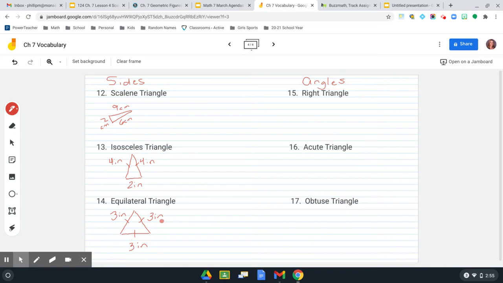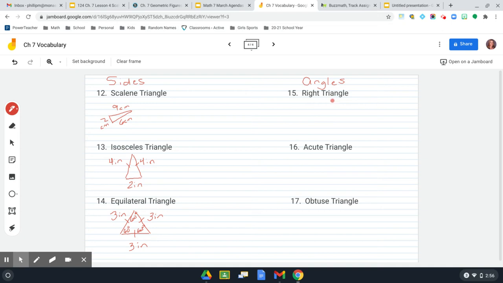All the sides are the exact same length. The angles inside are also the same. These all happen to be 60 degrees, and only inside an equilateral triangle. So 60, 60, 60. Equal angles, equal sides, equilateral triangle.